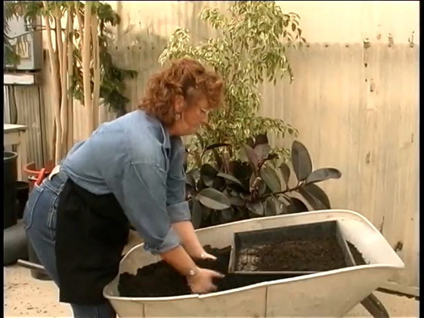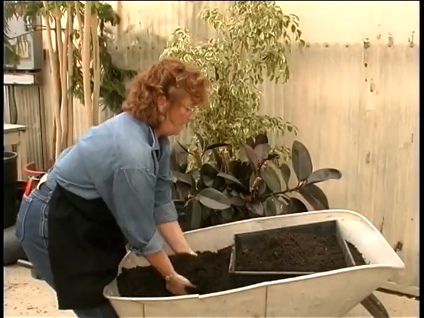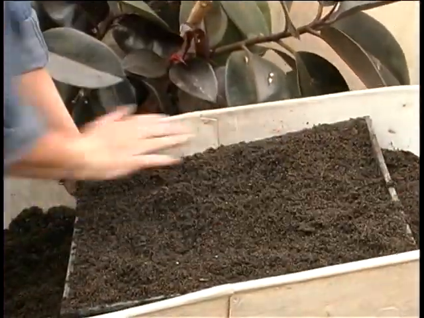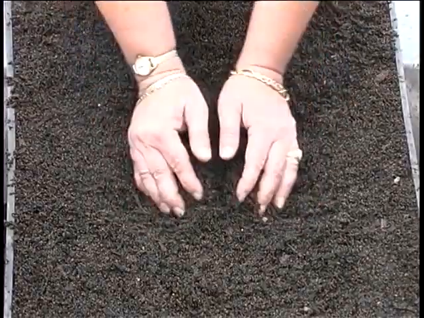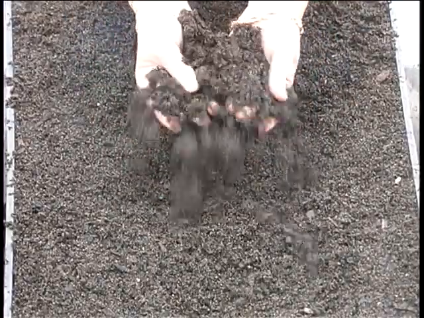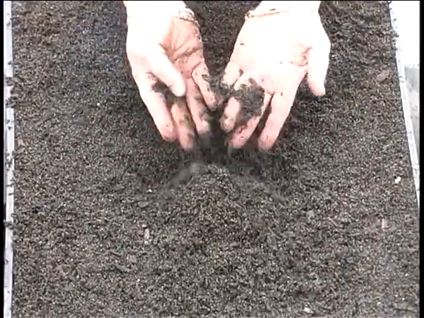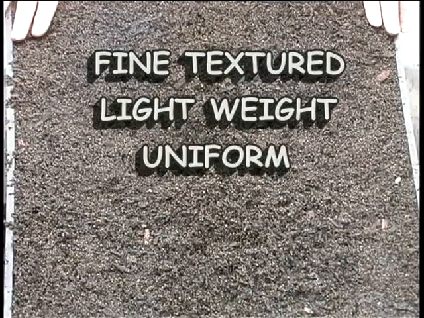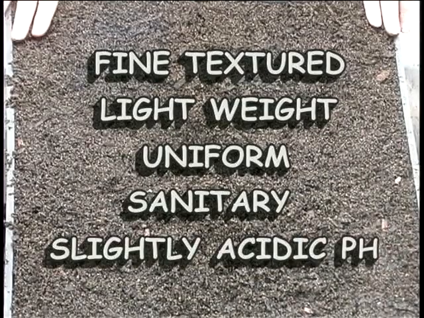Instead of using field soils, we'll fill our trays or containers with a soilless germinating medium. A reliable sowing medium will have an even mixture of ingredients that are fine-textured, lightweight, uniform, sanitary, and have a slightly acidic pH.